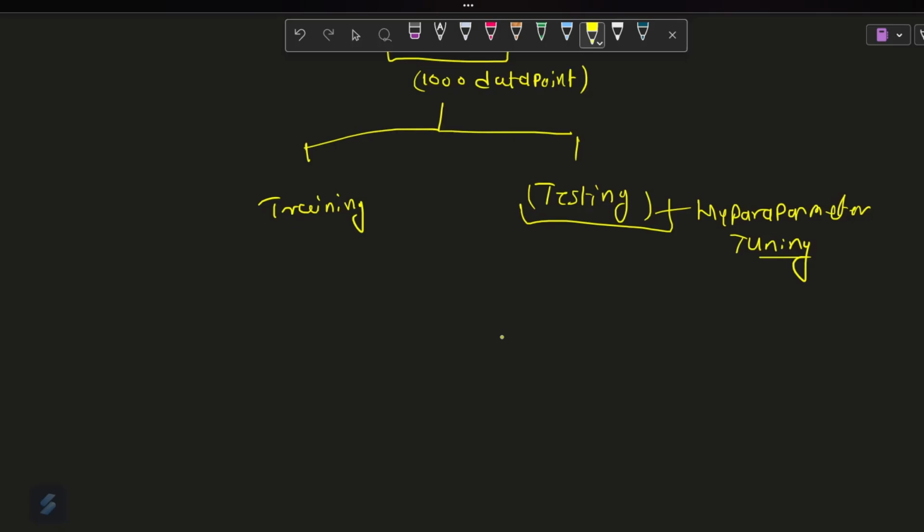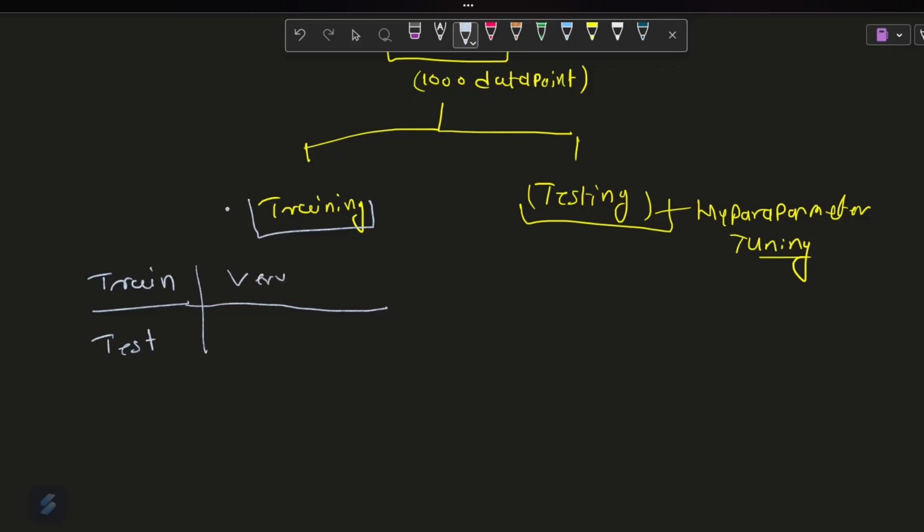First we start with the train data, and similarly we have test data, which comes from that split. If the model has very good accuracy on the training data set as well as very good accuracy on the test data set, that's called a generalized model.